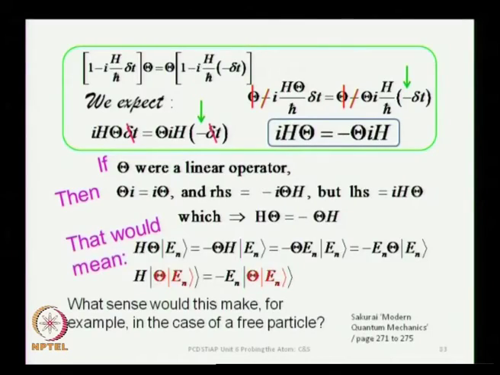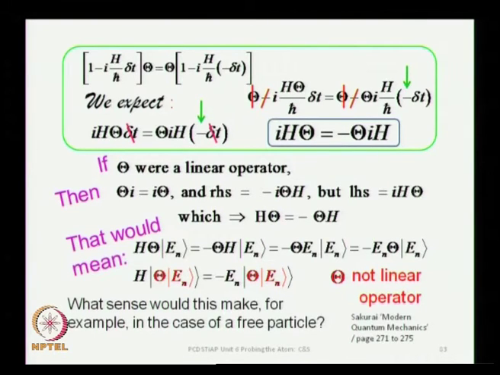It would be nonsense, right. A free particle has got only positive energy states, right. There are no negative energy states for a free particle. So, this would not make any sense. So, the conclusion is that theta cannot be a linear operator, because assuming that theta is a linear operator leads us to an inconsistency.